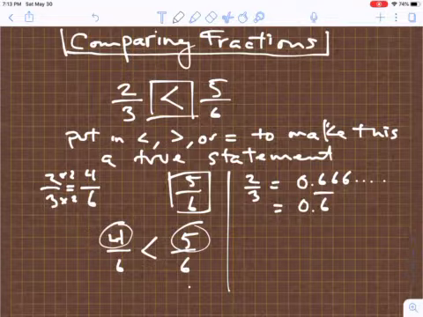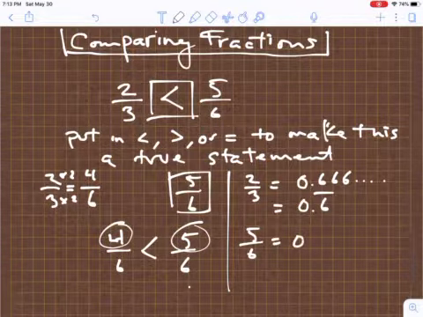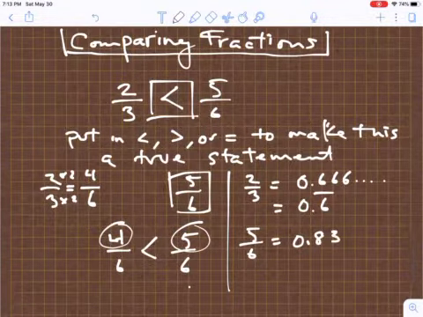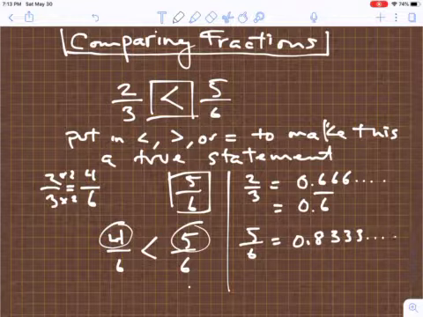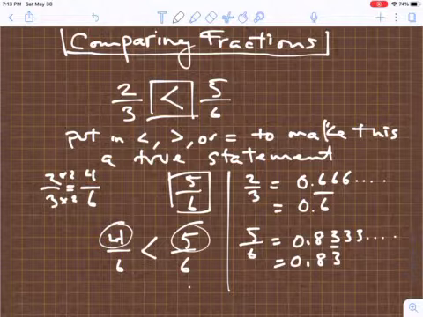And then 5/6, I believe, gives me 0.83 repeating, which is another way of writing that, with the bar over it.